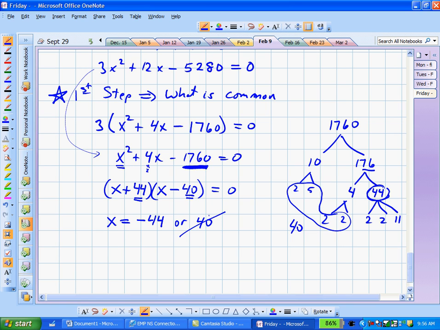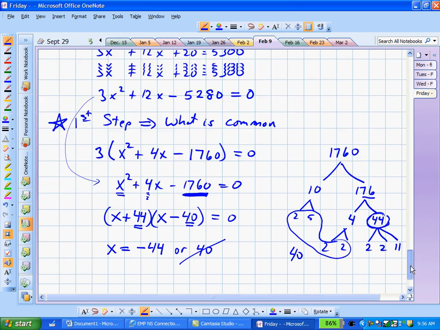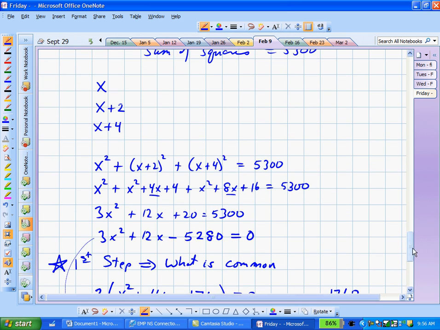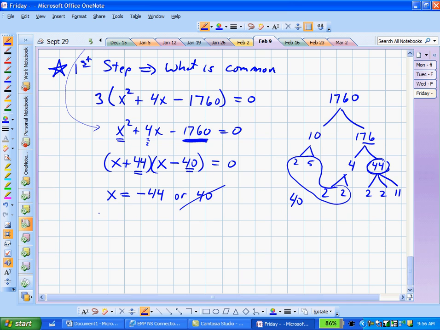If we were looking for positive results, we would want this one. But the thing we're looking for is negative. So there's x. We're also looking for x plus 2 and x plus 4. So if that's x, x plus 2 equals negative 42. And if we add 4, we get negative 40. Okay?